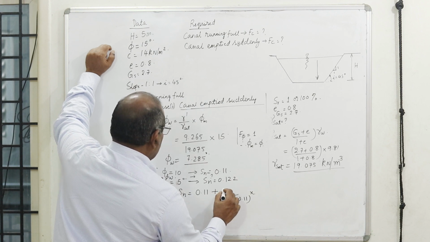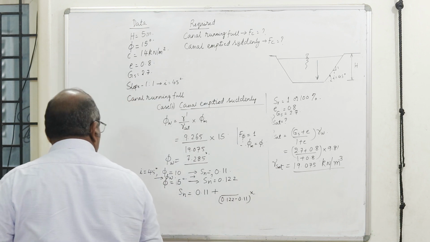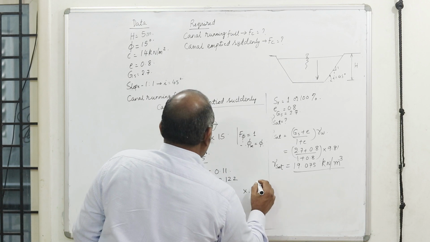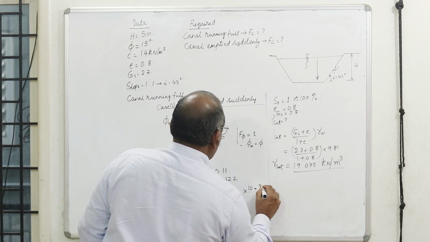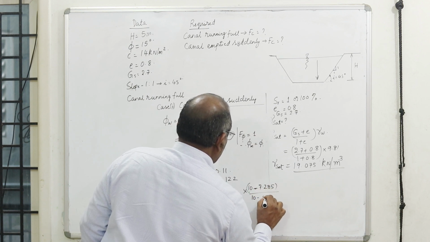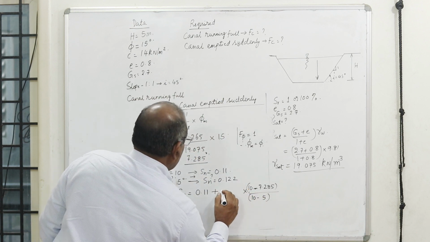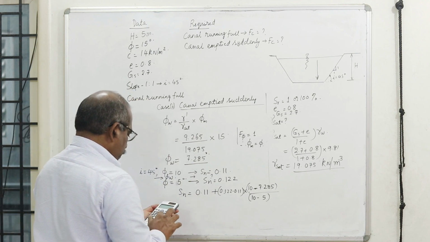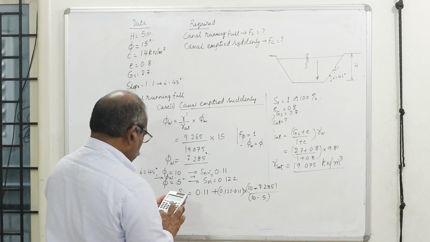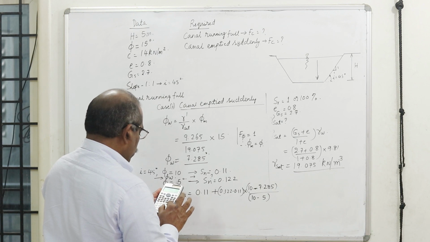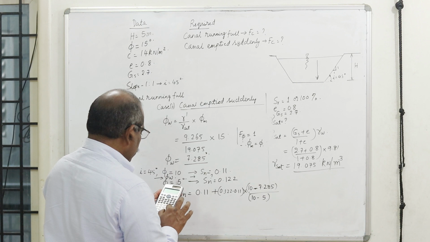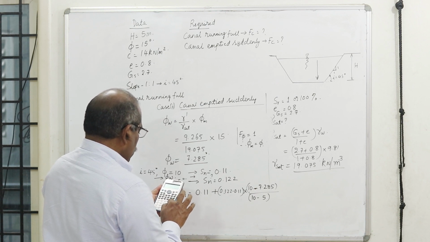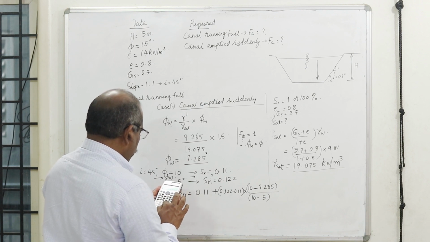Now the difference is 10 minus 7.285 in the numerator, and the denominator is 10 minus 5. So the difference here is 0.122 minus 0.11, in brackets, into 10 minus 7.285, divided by 5, plus 0.11.